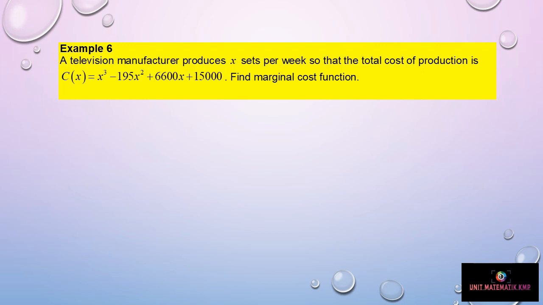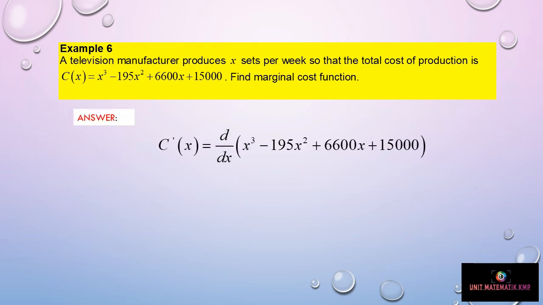Find the marginal cost function. The answer is, we need to differentiate the cost function here. So, the answer is 3x squared minus 390x minus 6,600.